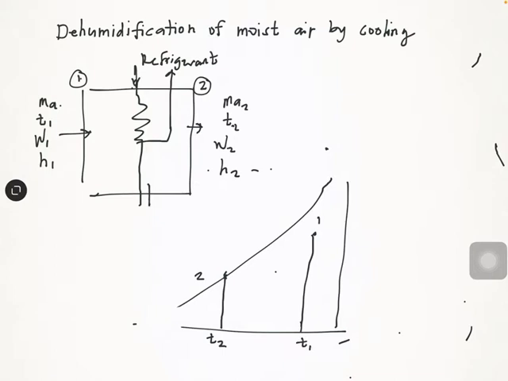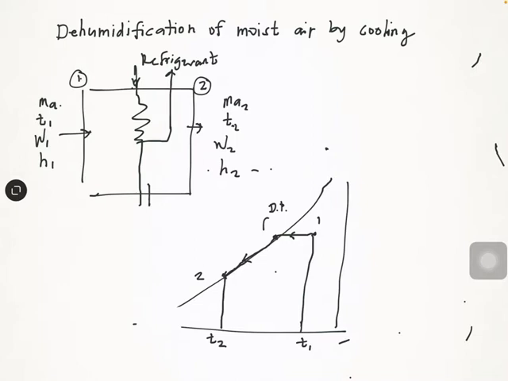Okay, so extend this line. This is our dew point. Okay, so dehumidify from this one. Put an arrow here from point 1 to its dew point and to point 2.